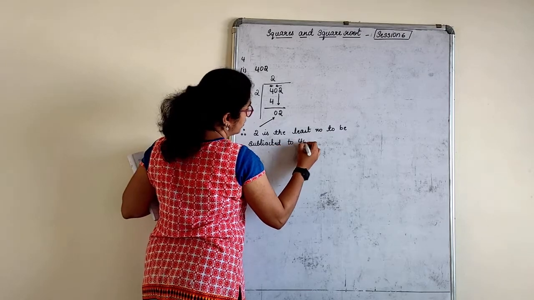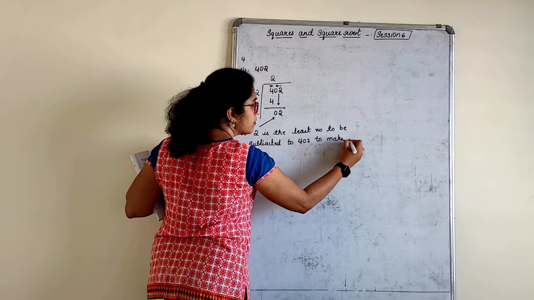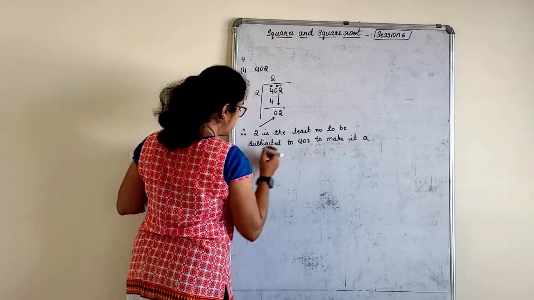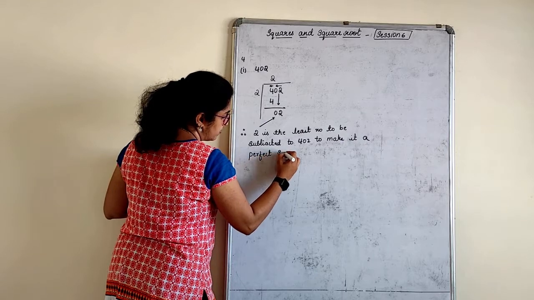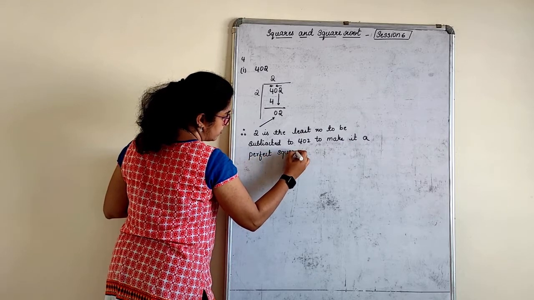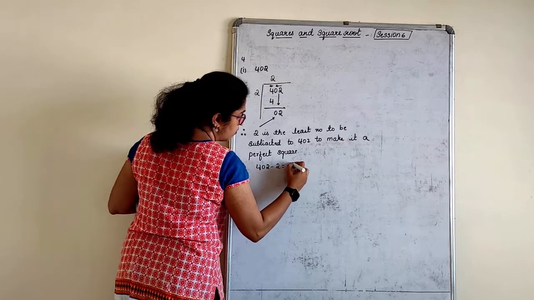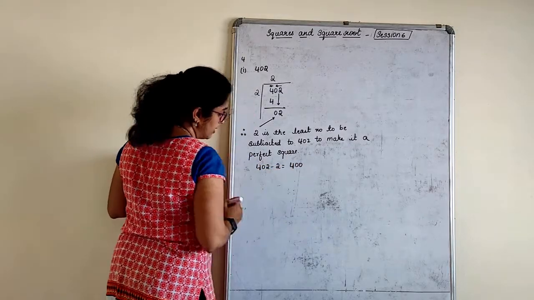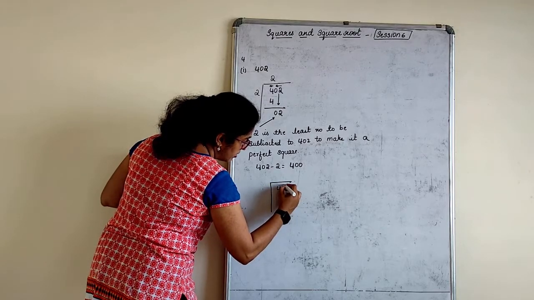to 402 to make it a perfect square. So 402 minus 2 will give you 400. Now find for 400, children, that is what they have asked.